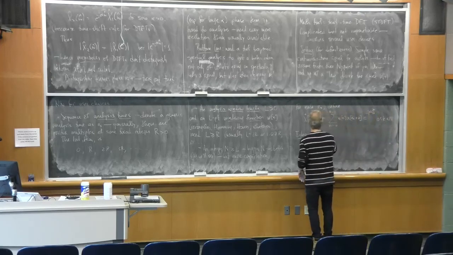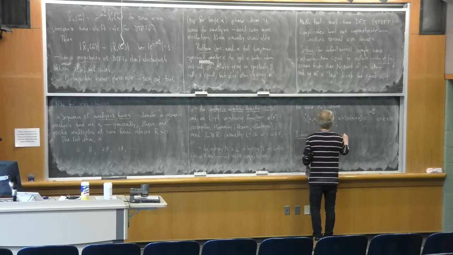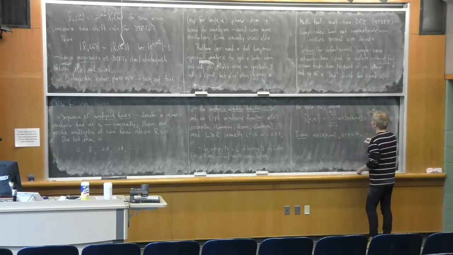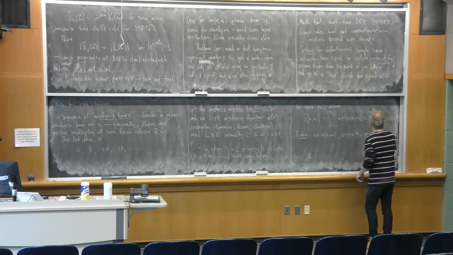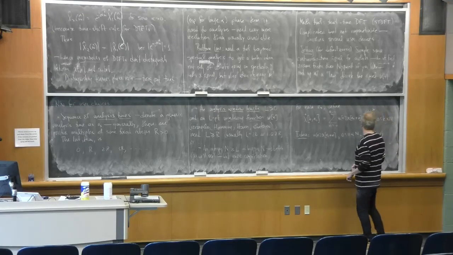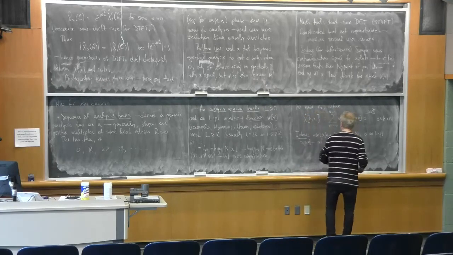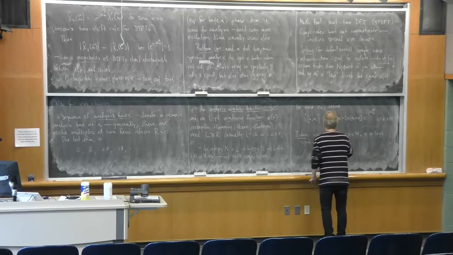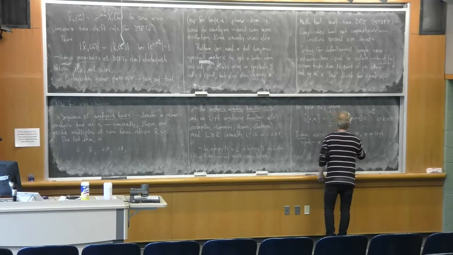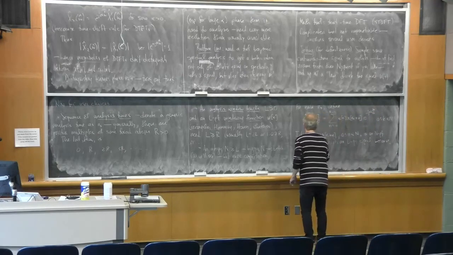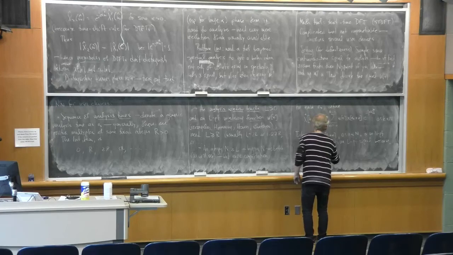So w of n times x of n_s plus n, for 0 less than or equal to n less than N, is an N-point signal, but it's also an L-point signal. So in fact, it's an L-point signal because of w, because w of n is equal to 0 when n is bigger than or equal to L.